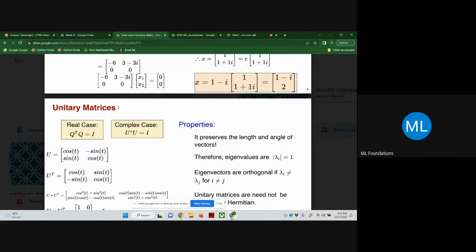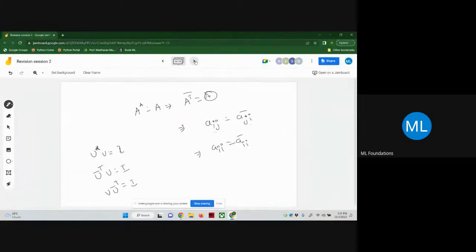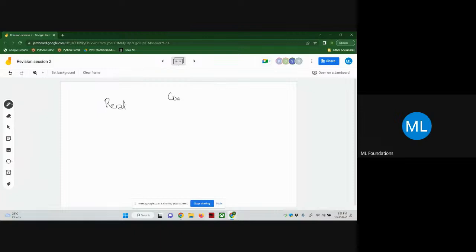We have here four important kinds of matrices. In the real world we have symmetric, which is similar to Hermitian in the complex world.